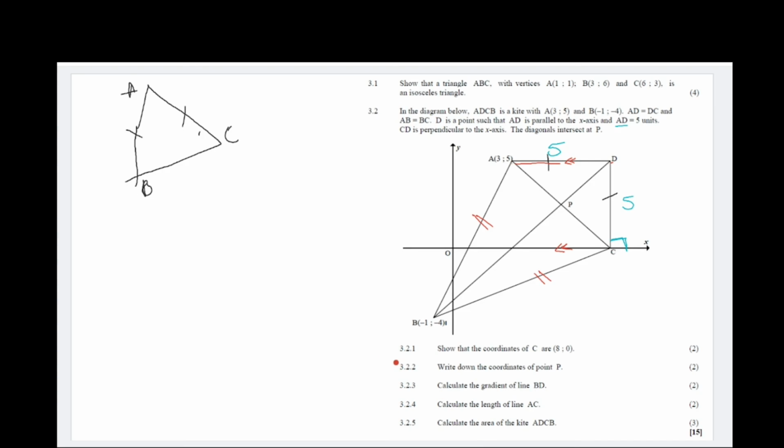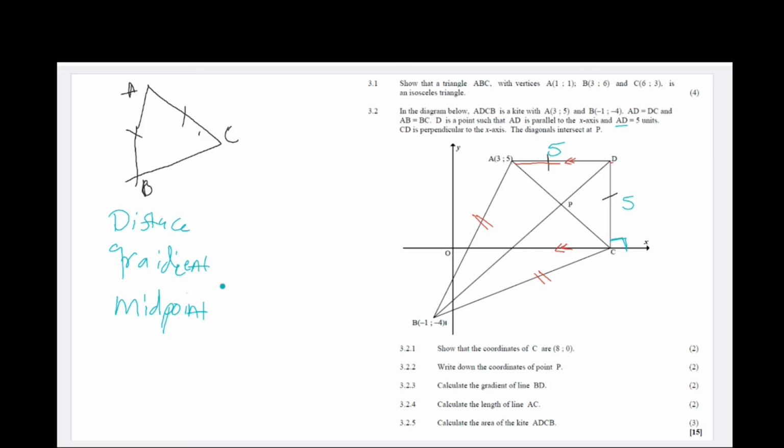So this question was short, actually, but in general, these questions have covered all the concepts of analytical geometry: gradient, distance, gradient, and midpoint.